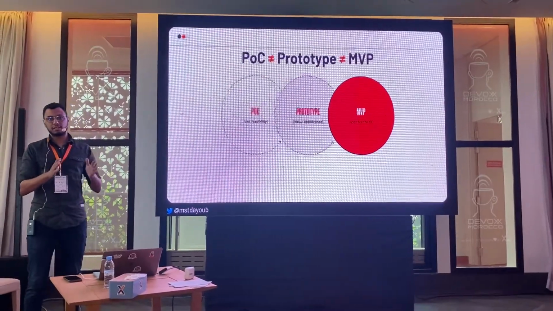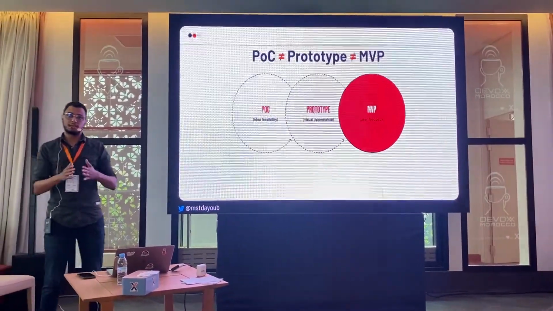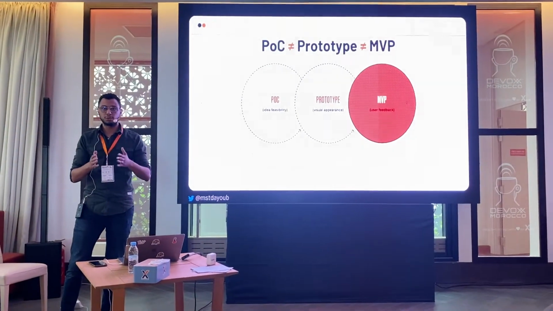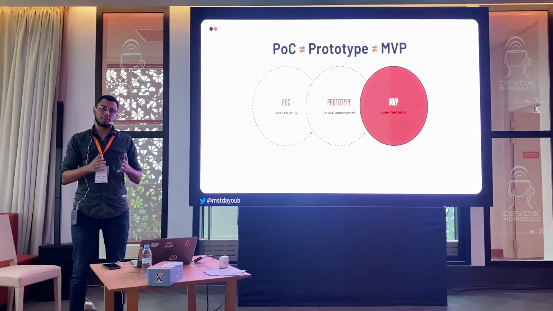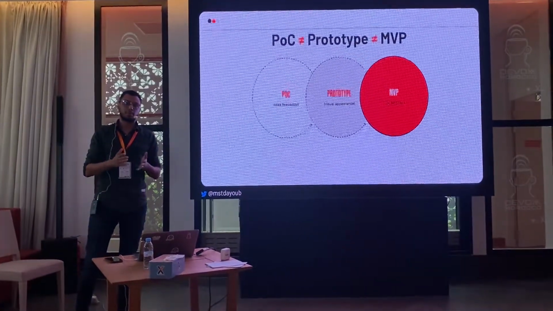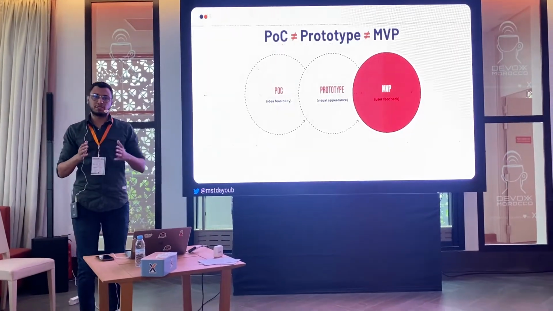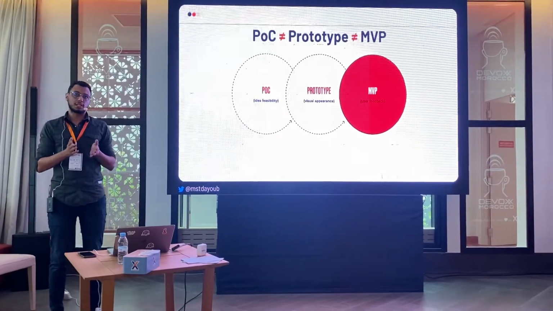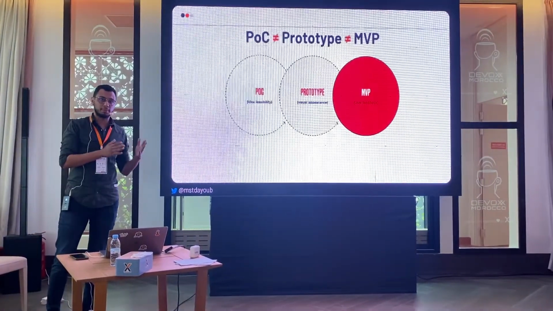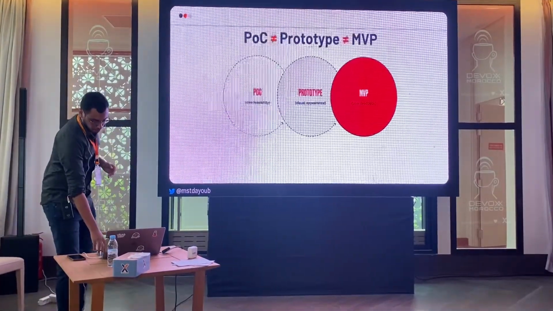After this first validation, we move to maybe build a prototype and build some UI experience for our tools, and this will be answering the question, how will my product look and feel, how will my product appear. Then we will move to the MVP, which is the first version of our product, and which is more interested in what users think about my product, what feedback I can get from those users.